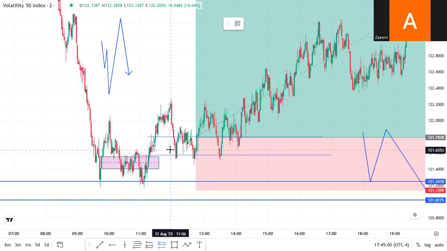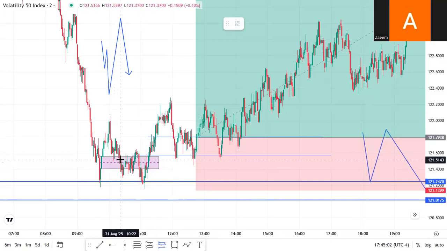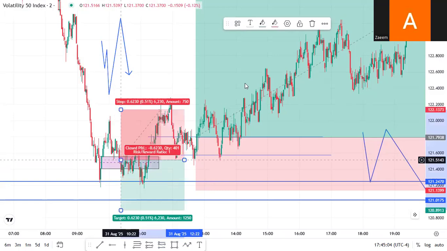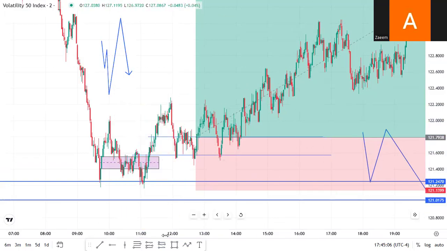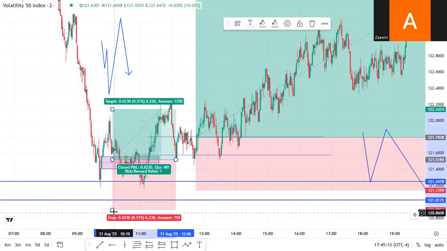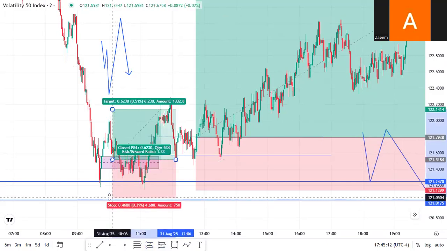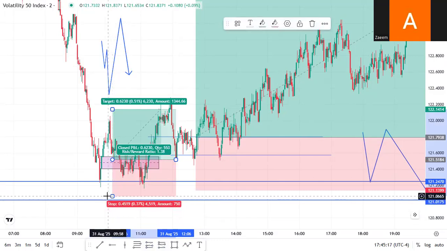You shouldn't just enter with a tight stop loss. No, it doesn't work like that. So I'm buying from this fair value gap. Then you should give it a little space to breathe, because this is the 1-minute time frame. So it's not as strong as the 1 hour time frame or the 15-minute time frame, right?